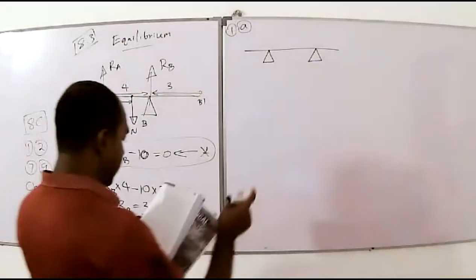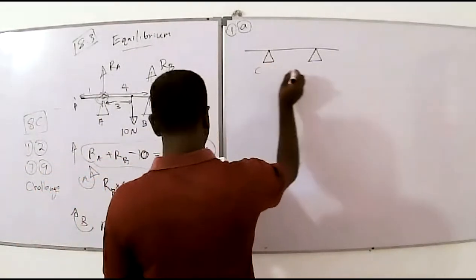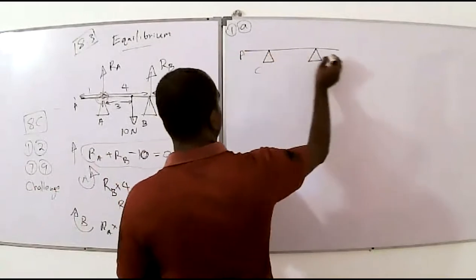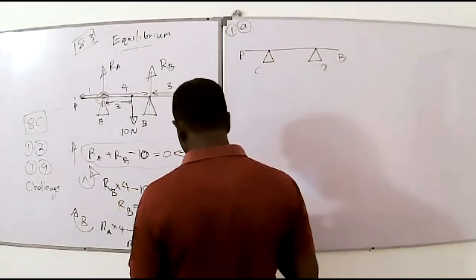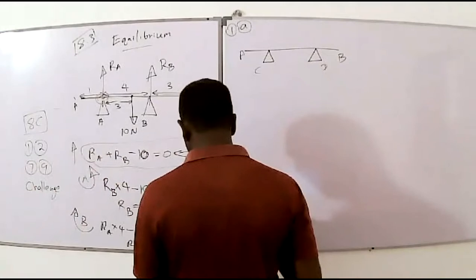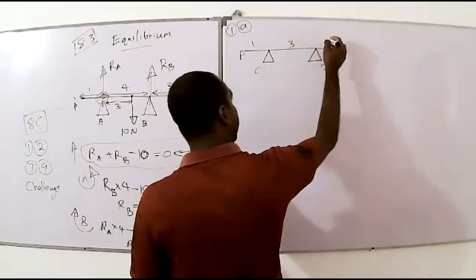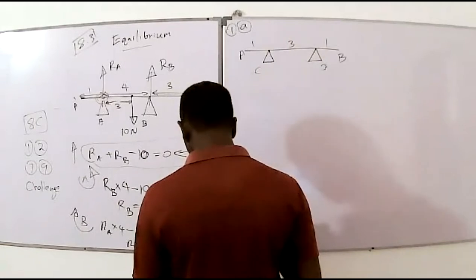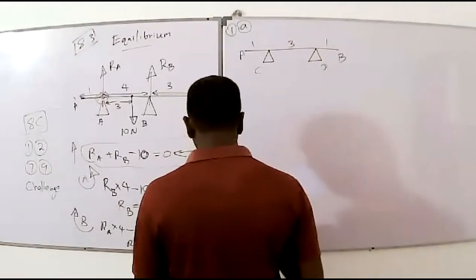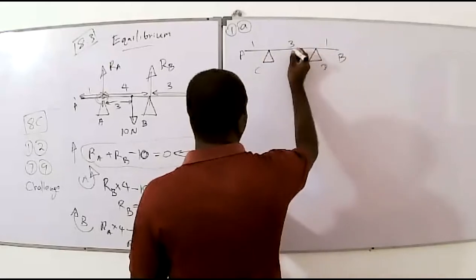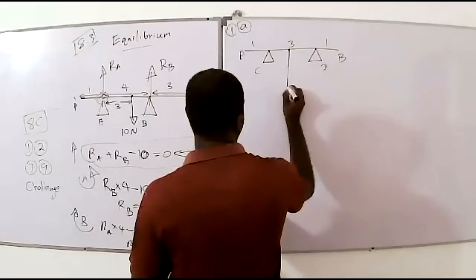What do we have here? They are giving us two supports, C and D, and the rod is AB. AB is a uniform rod of 5 meters length, and the lengths are also given: 1, 3, and 1. The weight is 20 newtons. If the rod is uniform, we can understand it's acting right in the middle.